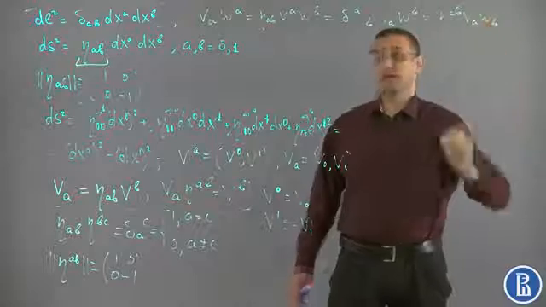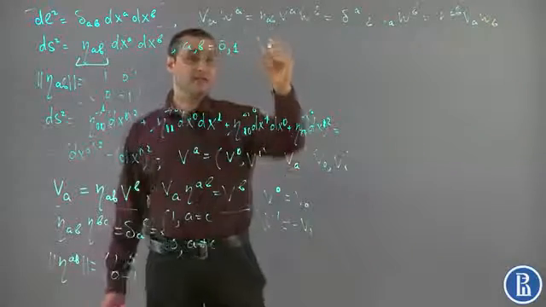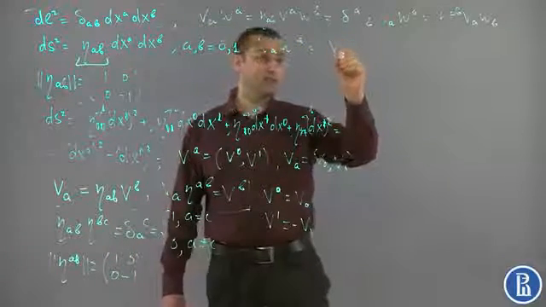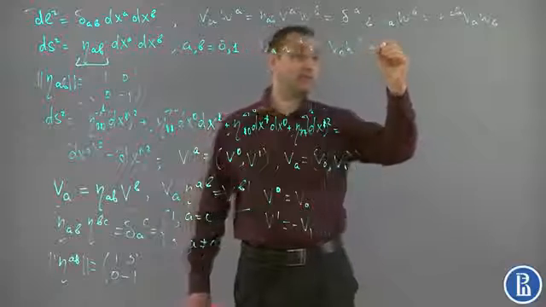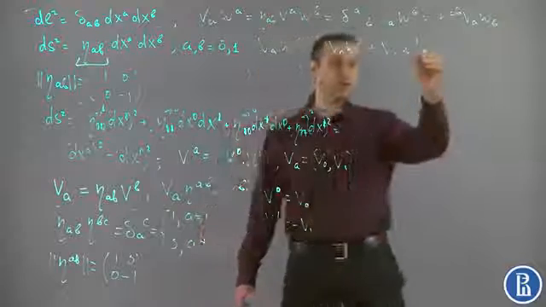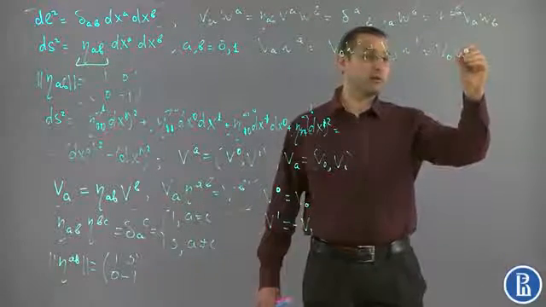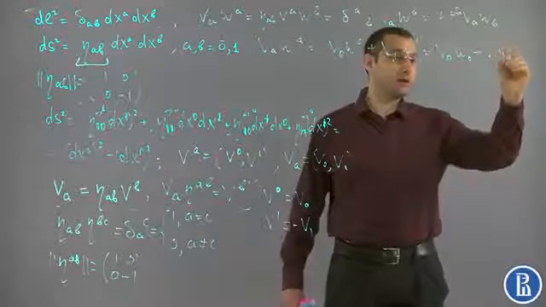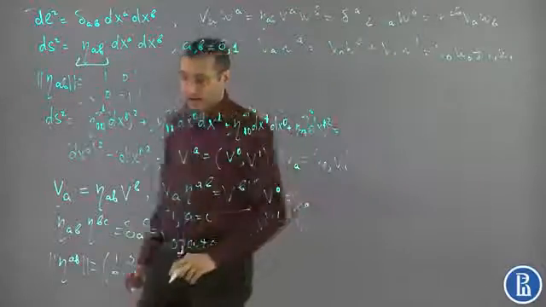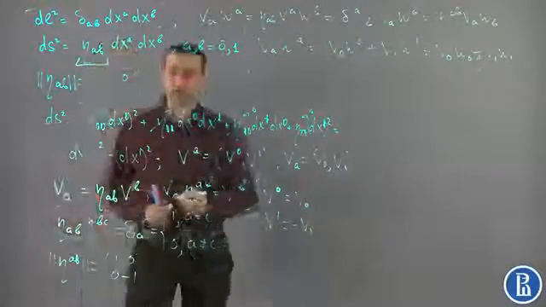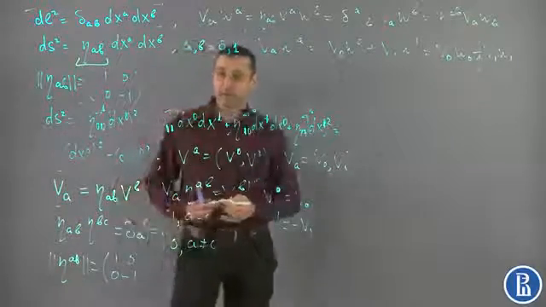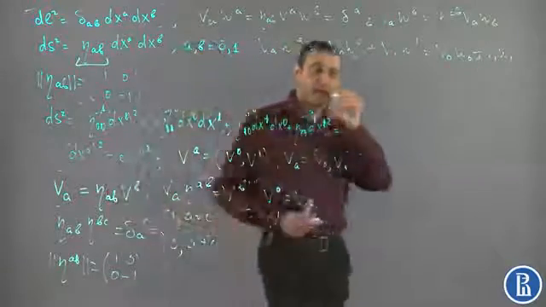In any case, V_A times V^A is the same as V_0 times V^0 plus V_1 times V^1. But at the same time, using this relation, this is equal to V^0 V^0 minus V^1 V^1. And this minus sign is very crucial. Because of this minus sign, this bilinear form is invariant not under rotations, but under hyperbolic rotations, so-called Lorentz transformations. And these are the differences we have in the case of space-time.